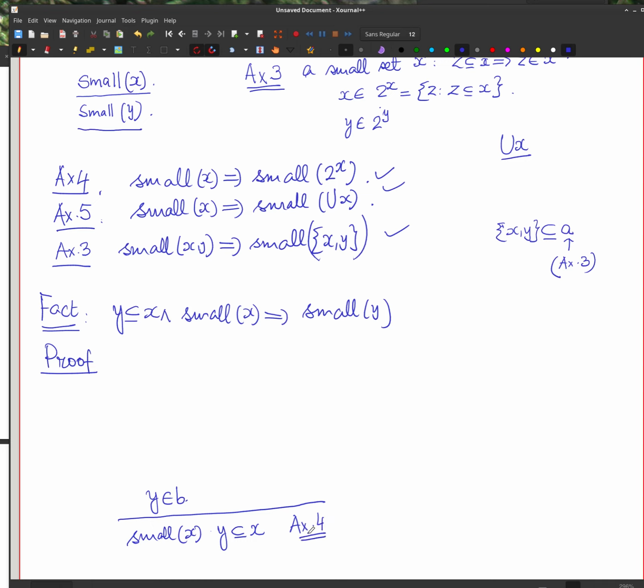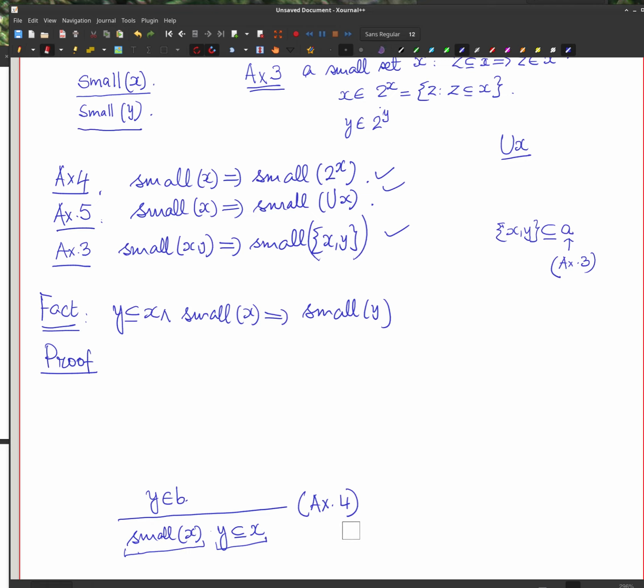We usually write axiom 4 over here. When I separate by a blank, this means one statement, then another statement, using my axiom 4.